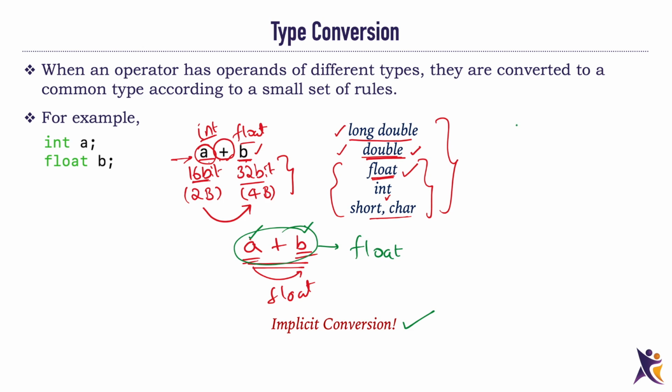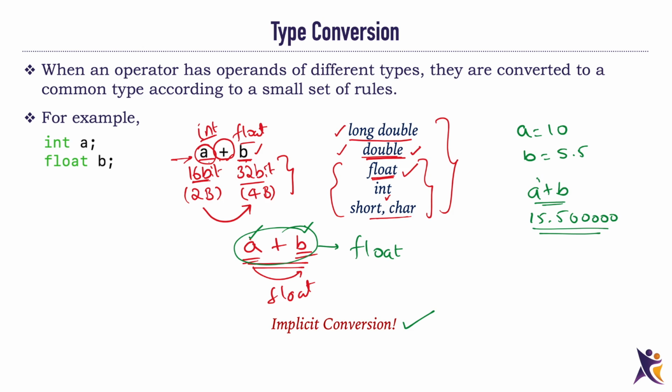For example, let's say initially a is 10 and b is 5.5, then a plus b will yield 15.5, right? Of course there are zeros here after 5. This is the value which we got from a plus b.